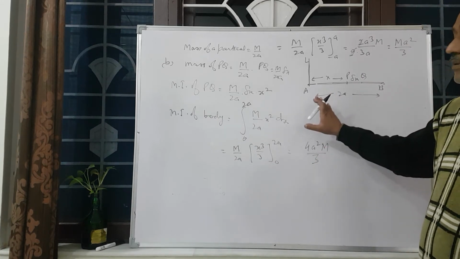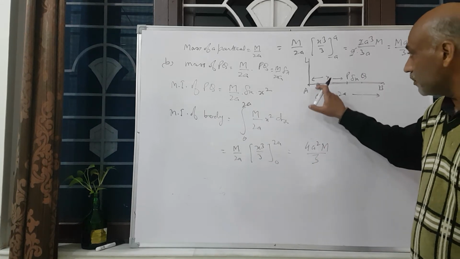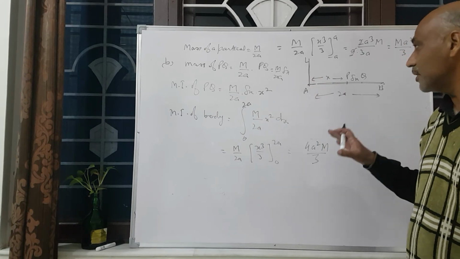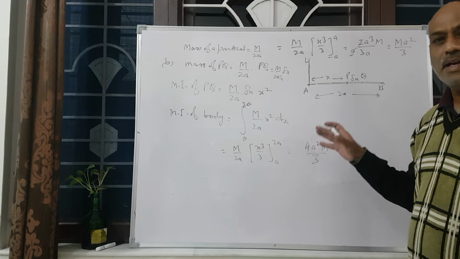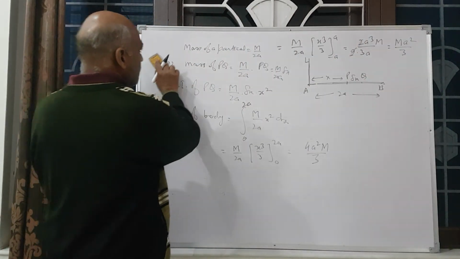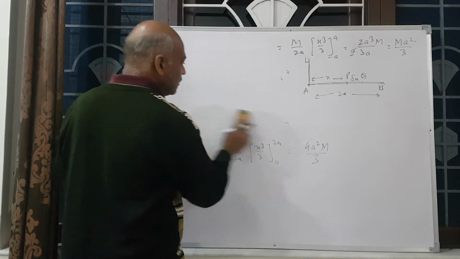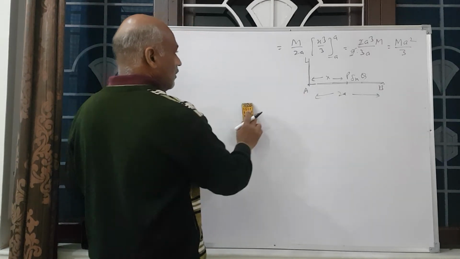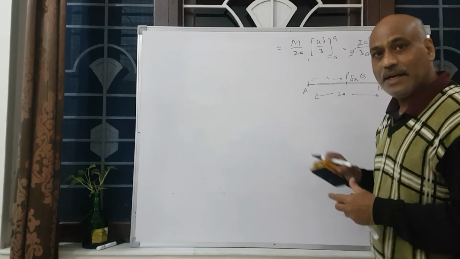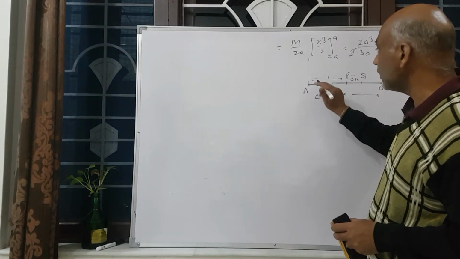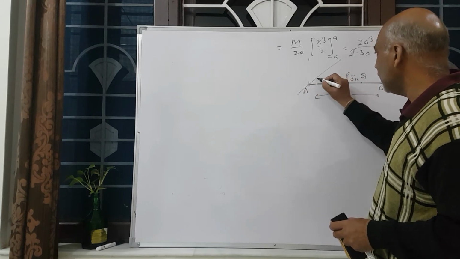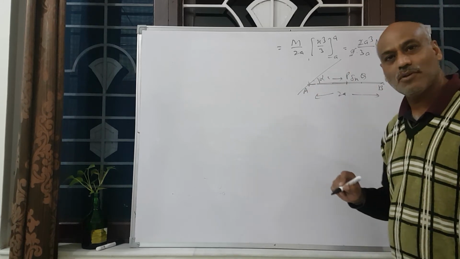Now, in the third case, the perpendicular line passes from one end of the rod, but making an angle alpha with this rod.